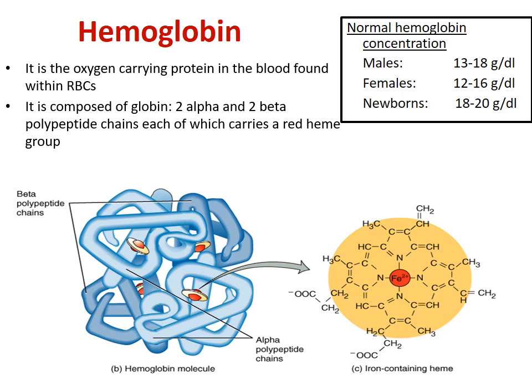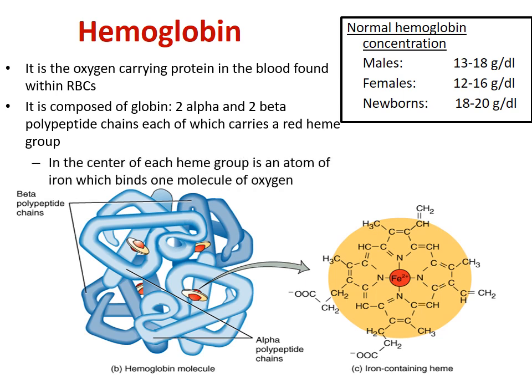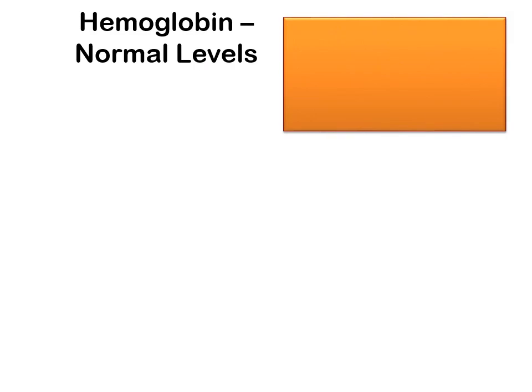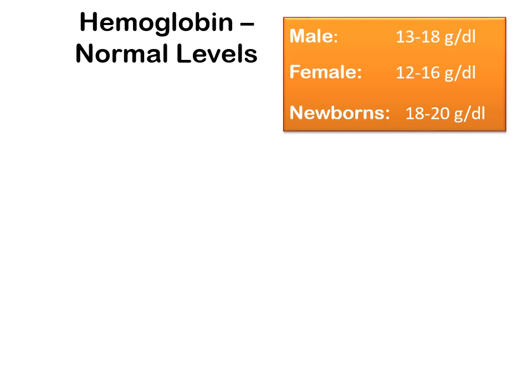I am not going into the details of hemoglobin, as you have already learned it in biochemistry. At the center of each heme group is an atom of iron, which binds to one molecule of oxygen. These are the normal levels of hemoglobin in males, females, and newborns, and you need to memorize these values because they are important.